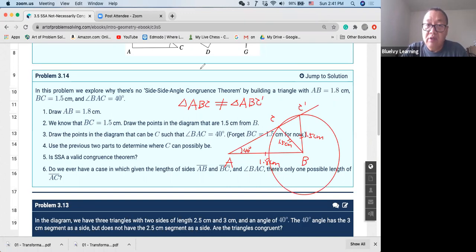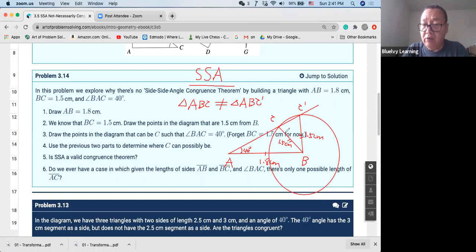So that means if you use SSA, this condition cannot guarantee these two triangles are congruent. Remember before, when we used SSS or ASA or SAS, we could build a unique triangle. Even if we got another one, it was exactly congruent with the one we tried to build, only flipped.